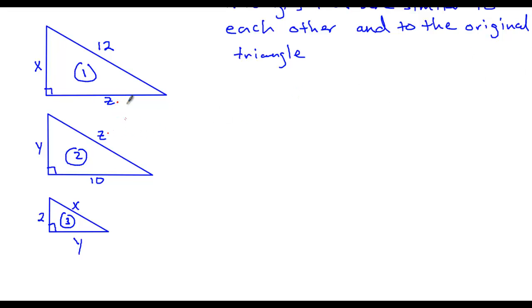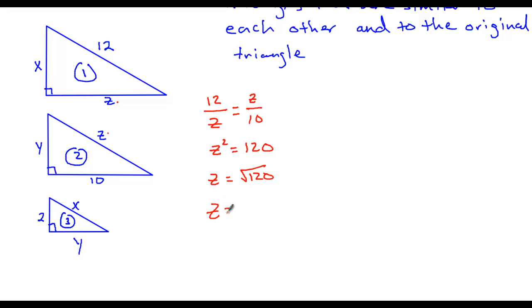So for triangle 1, I have 12 compared to z in triangle 2, and then for triangle 1, I have z compared to 10 in triangle 2. So now I have a proportion I can solve. I cross multiply, I get z squared equals 120. To find out what z is, I need to take the square root of 120.